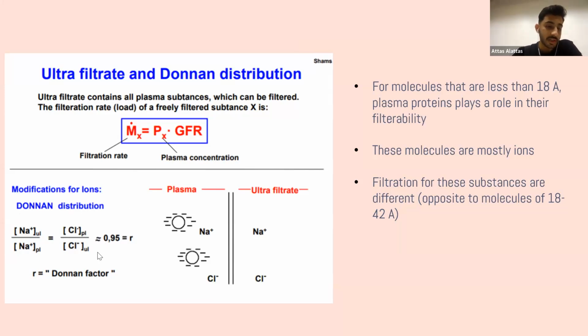When he explained the Donnan distribution, he did not extensively explain the formula. However, you can refer to his video for more explanation. I know the explanation, however, right now I cannot explain it.